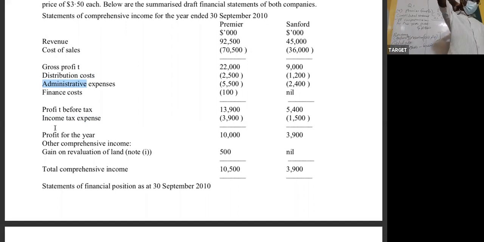Then when you are done, you move on to profit for the year. Leave it empty. Then write other comprehensive income, and open a bracket. Under other comprehensive income, you come down, gain on revaluation of land. Leave about 2 lines there because we are going to put additional revaluations.